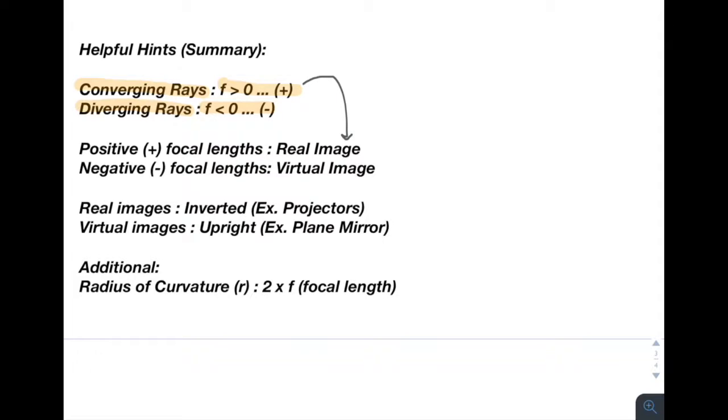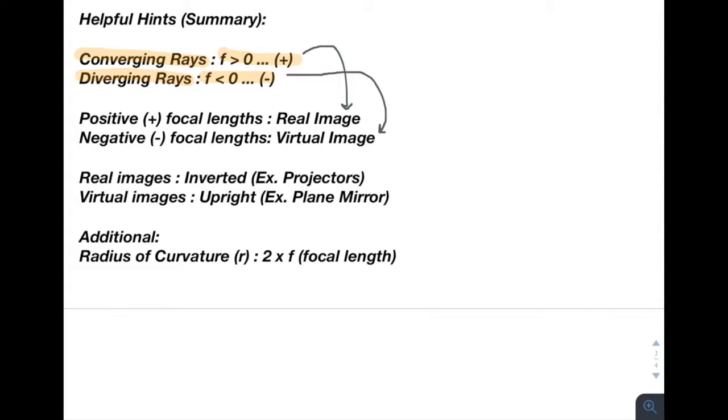Whenever you have a diverging light ray, the focal length is negative, and that means the image will be virtual. Depending on whether that image is real or virtual will tell us whether the image is upright or inverted. Restating everything I've already said, real images are inverted and virtual images are upright.